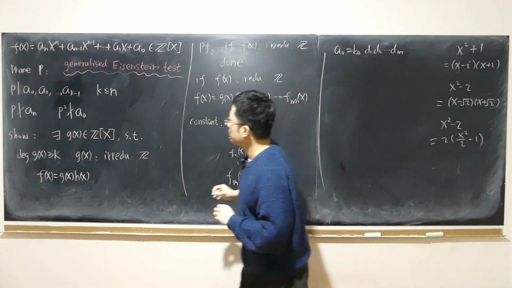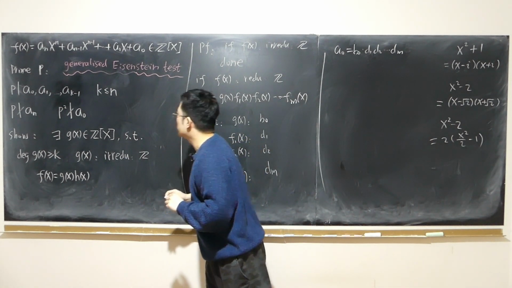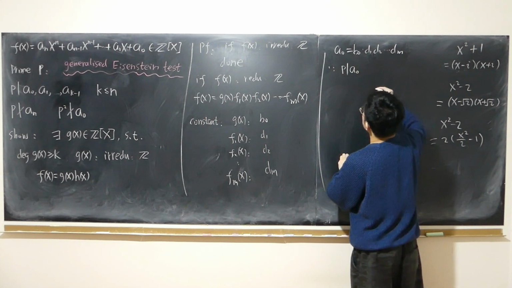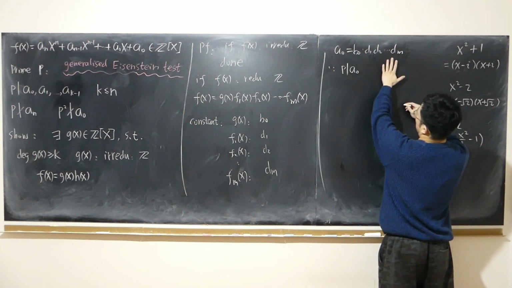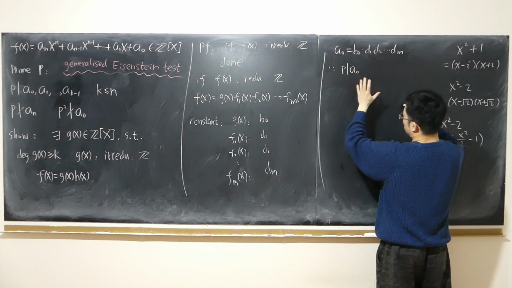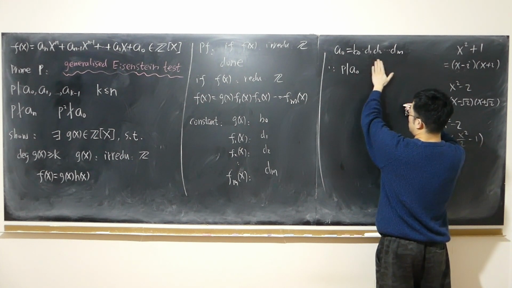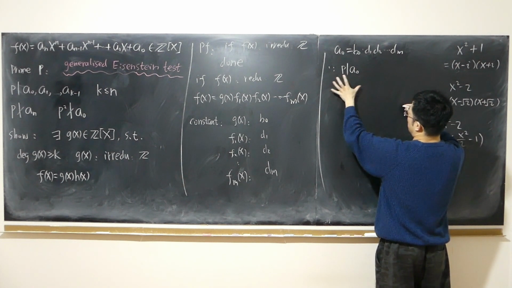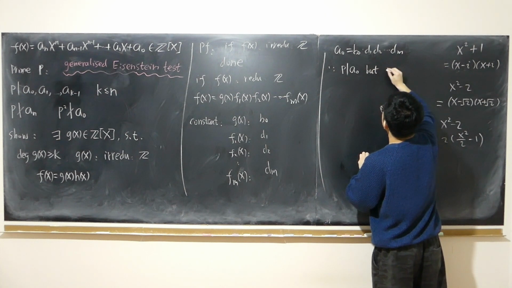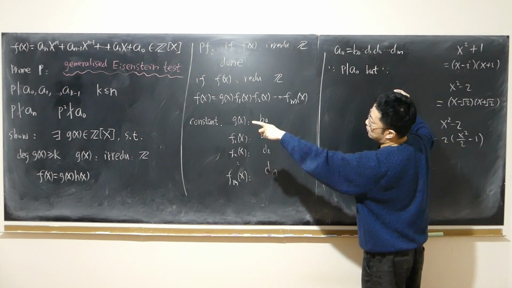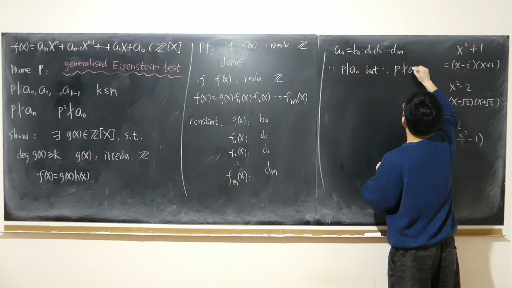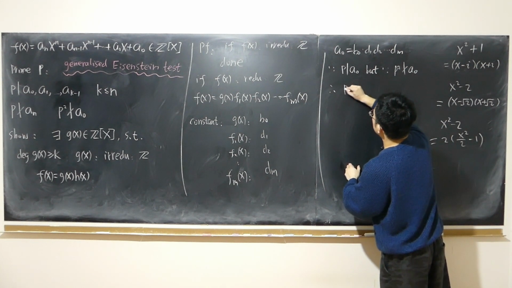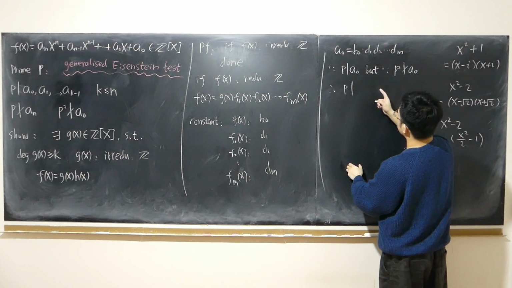Now, given that p divides a0, meaning p divides this product, p has to divide at least one of these integers. It could be 2, could be 3, could be all of them altogether. But also because p squared doesn't divide a0, we can claim that p divides exactly one of them.